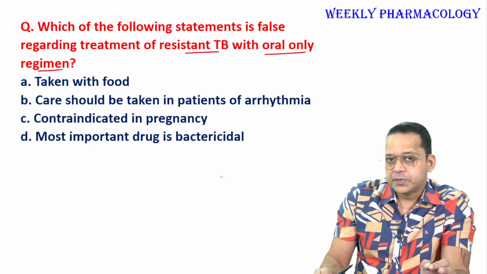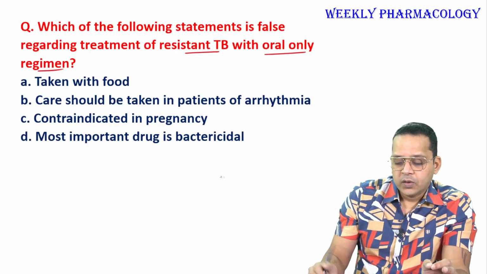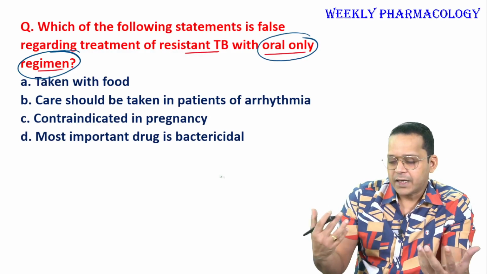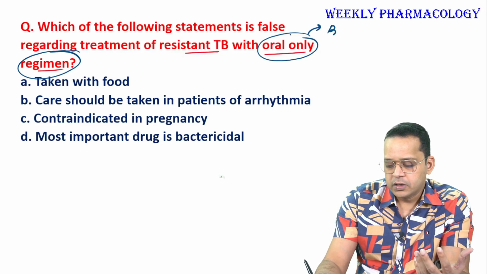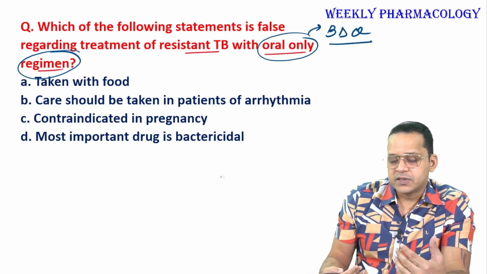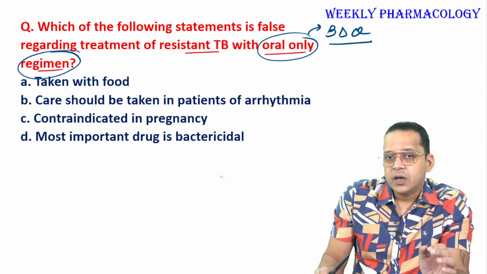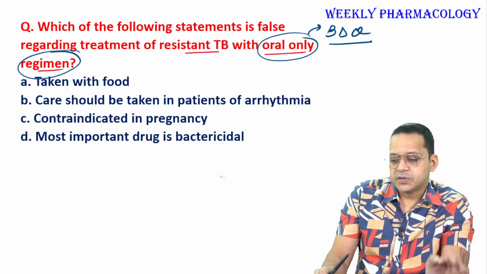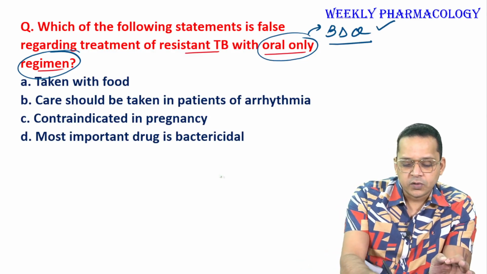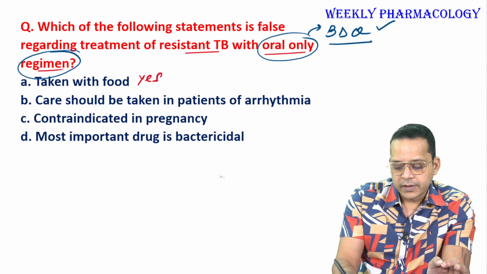Now, if you look at these options, right, oral only regimen. So first thing that should strike in my mind is about which is the oral only regimen that is used in resistant TB nowadays. It is bedaquiline containing oral regimen. So this MCQ is mostly about bedaquiline, right? It should be taken with food, yes or no? Yes.